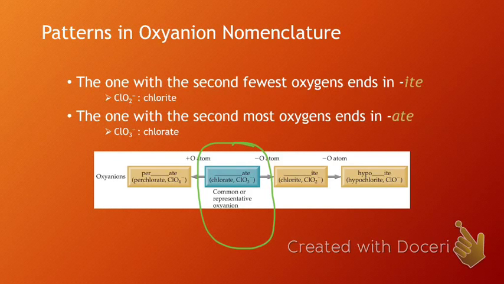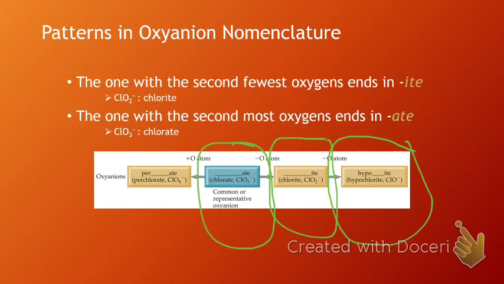So if it has one lower number of oxygens, it's chlorite: ClO3 minus, ClO2 minus. If it has even one lower than that, so now we're 2 down from the root. If chlorate was the root, minus 1 oxygen, ClO2 minus, is chlorite.